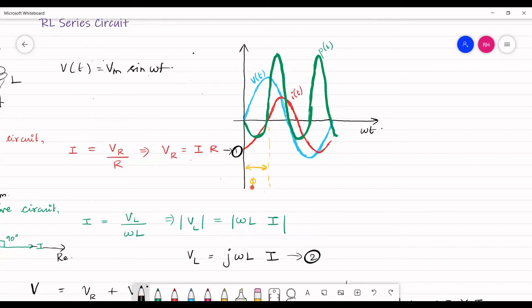To trace the waveform of power, let us mark every zero crossing instant. Here we have a zero crossing, here we have a zero crossing. Mark all zero crossing instants and then plot the graph. So we'll have the plot of the power waveform.